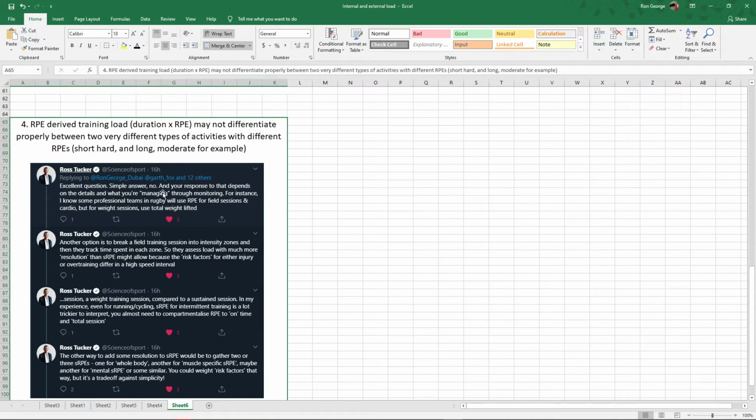So it's very important to know what sport it is, what the activity is. For instance, I know some professional teams in rugby that will use RPE for field sessions and cardio, but for weight sessions, use the total weight lifted.